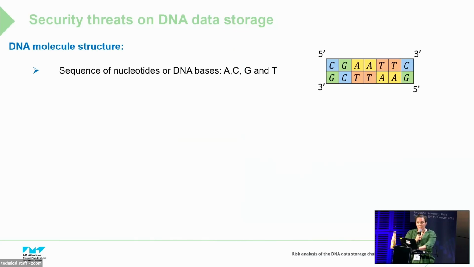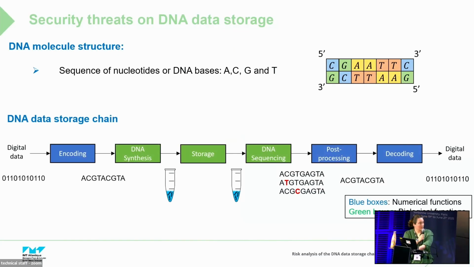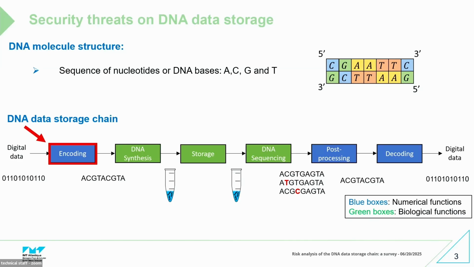For this presentation, I will use the classical DNA data storage chain that begins with the encoding of binary data into digital DNA sequences with 4 bases A, C, T, and G. These DNA sequences will then be synthesized and stored safely.